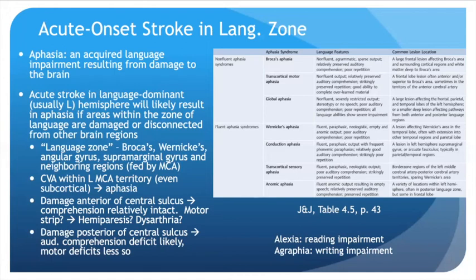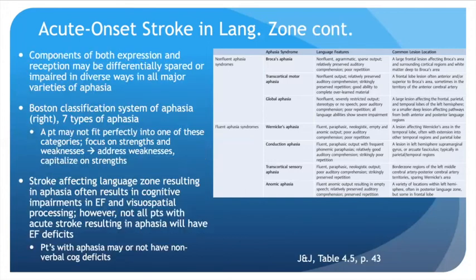They are agrammatic, kind of halting, broken speech, paragrammaticisms. And fluent aphasia tends to be potentially neologistic. Fluent, paraphasic, empty speech is very common in these types. So note that components of both expression and reception may be differentially spared or impaired in diverse ways in all major varieties of aphasia.